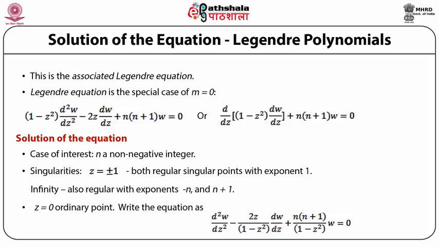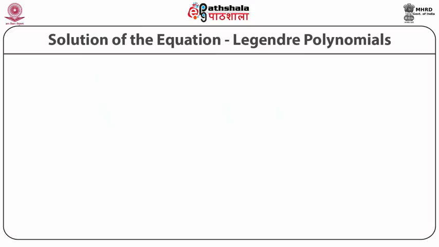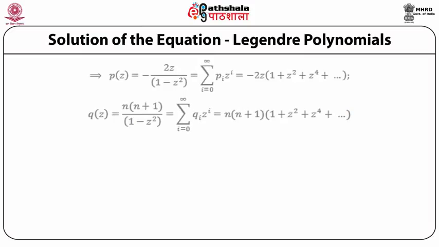If we rewrite the equation in the form d2w by dz squared minus 2z divided by 1 minus z squared multiplied by dw by dz plus n into n plus 1 into w by 1 minus z squared equals 0, we see that p of z is equal to minus 2z divided by 1 minus z squared.